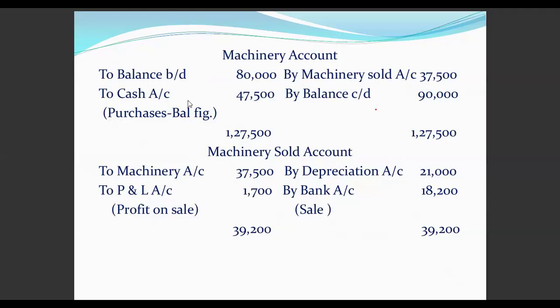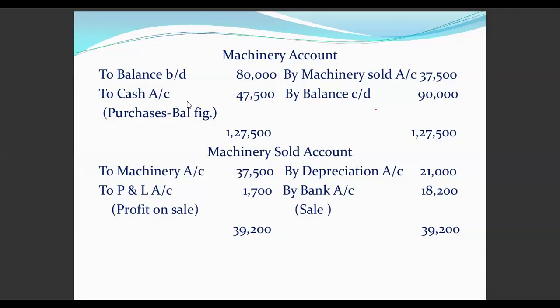Because in machinery account, other than purchase, the value of machinery cannot be increased. Then we purposefully make the machinery sold account so that we can calculate the profit on sale.